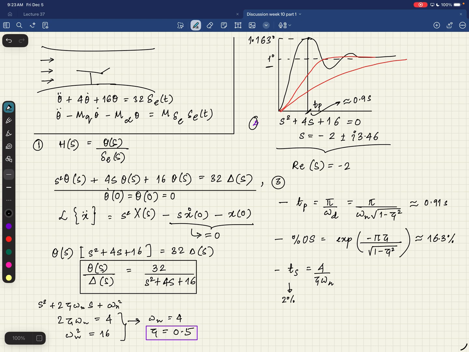So it's going to be some point like here. This is when it has settled into the steady state value almost by 2% error. This is going to be approximately 2 seconds if you calculate it for this problem.